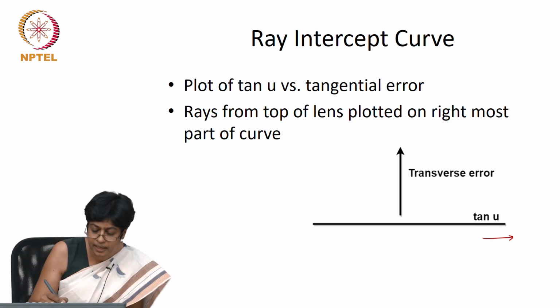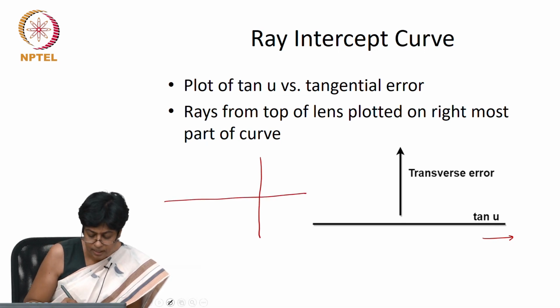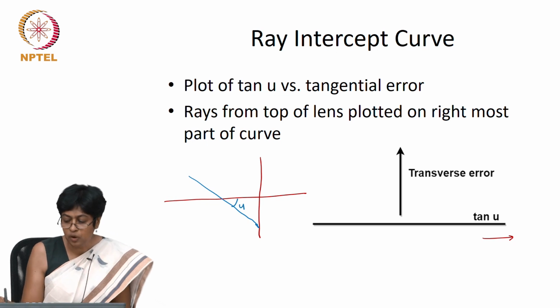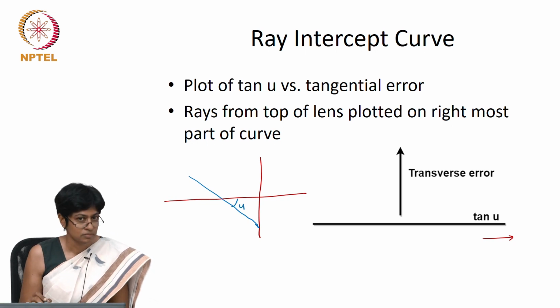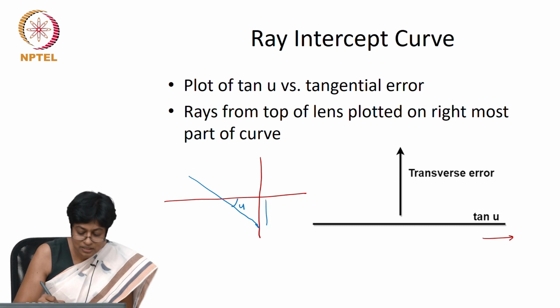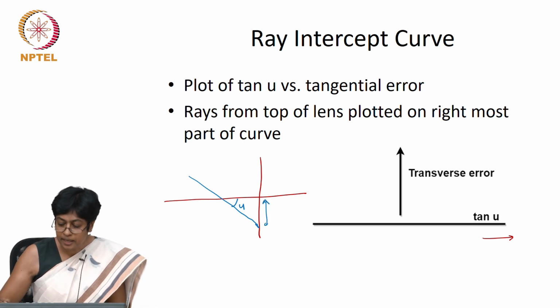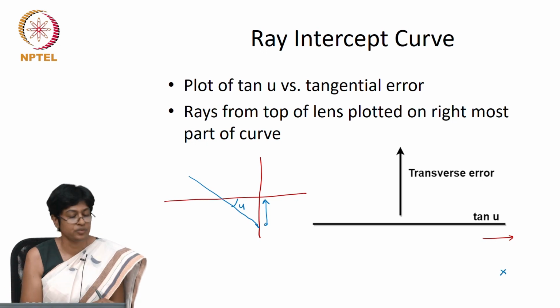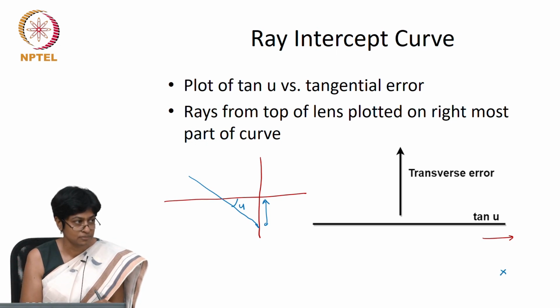So let's say this is my paraxial image plane, this is the optical axis, and I have a ray that hits the plane like this. Then this is u, and I'm plotting tan u over here, and this is the transverse error, and we're saying maybe, and it's negative, you can see, so this point would come over here. Okay?